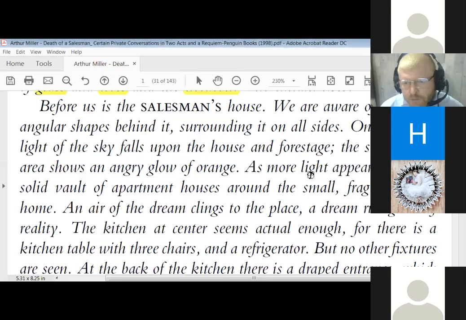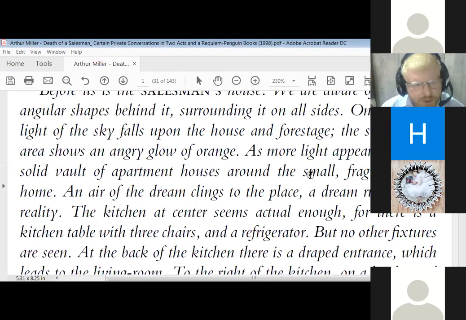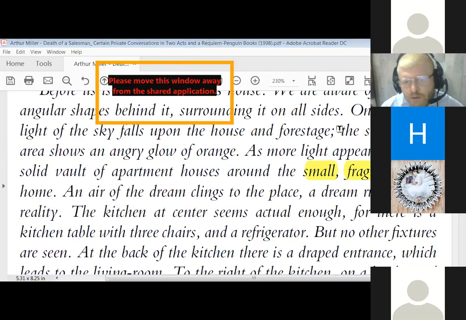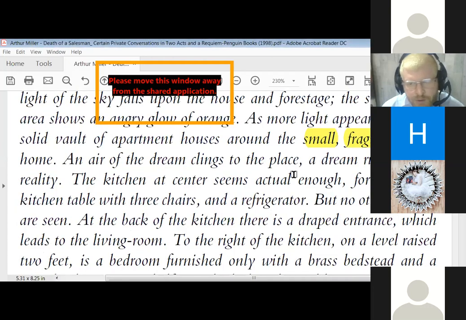Okay, more light appears. We see a solid vault of apartment houses around this small, fragile seeming house. These words are significant, small and fragile seeming. Later on, we will have time, hopefully, to speak about why it is small, why it is described as small and fragile. Okay, an air of dream clings to the place, a dream rising out of reality.